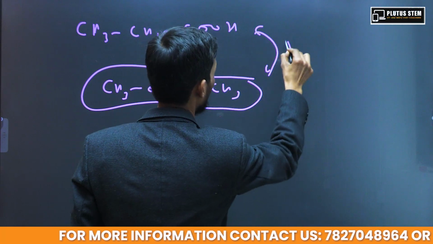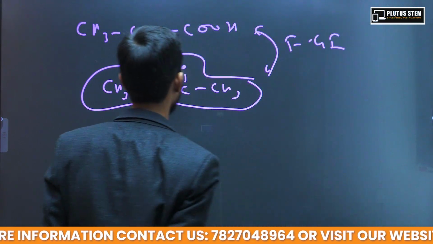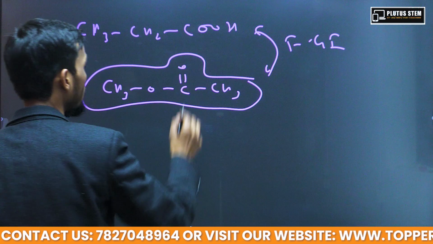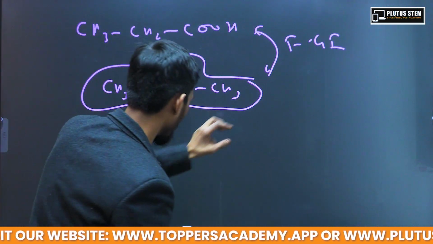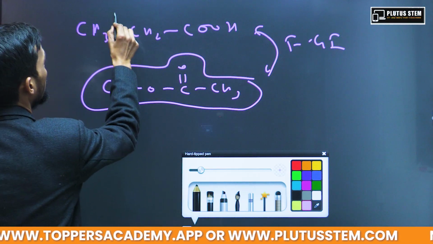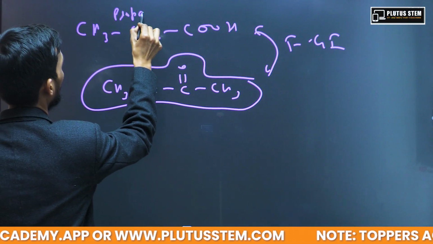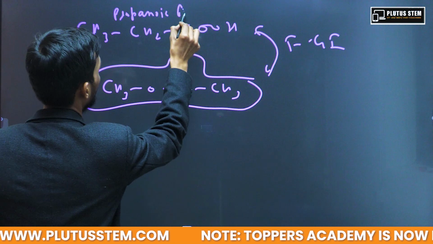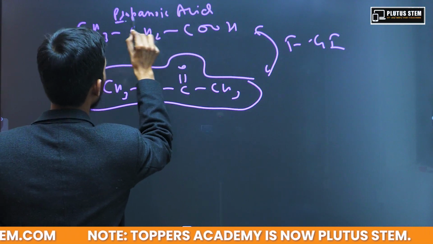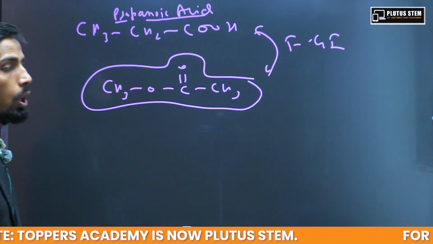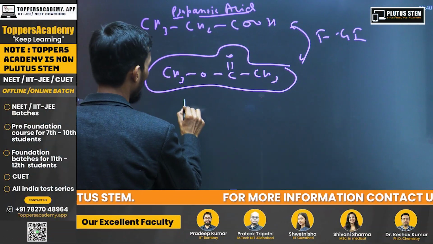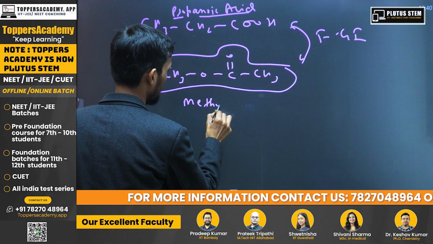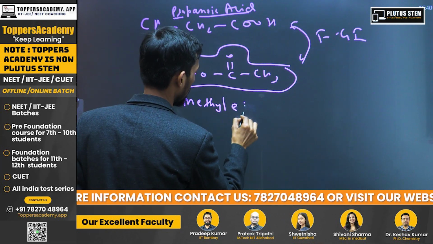These two are also functional group isomers. This one is propanoic acid and this is methyl ethanoate.